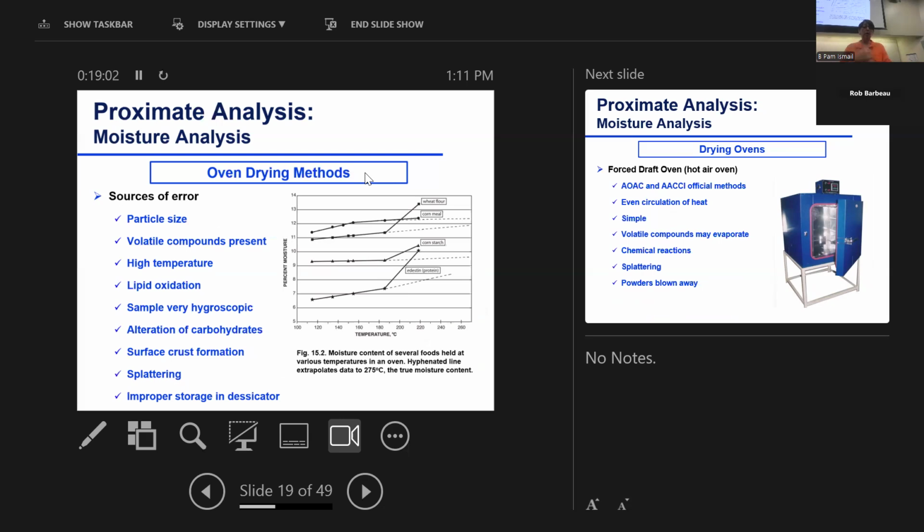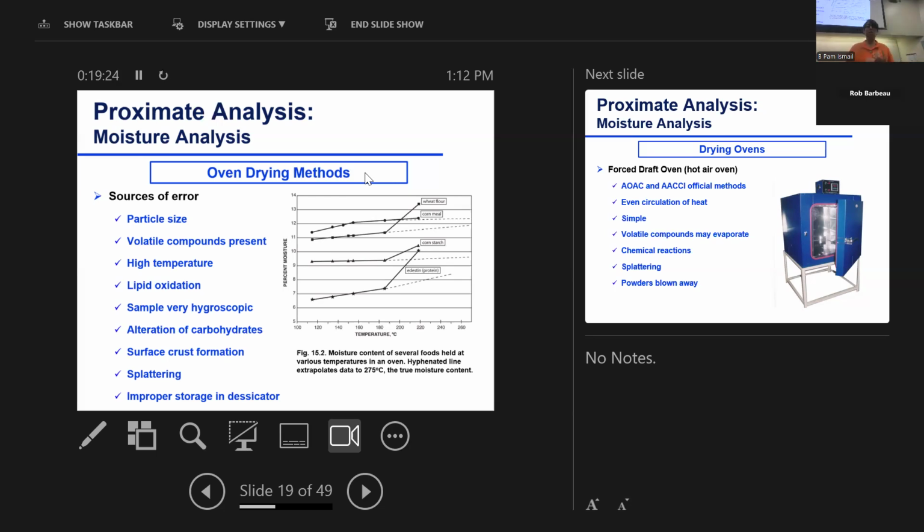So particle size is very important. If you don't have small particle size, you won't have enough surface area for moisture to evaporate. So it's always good to reduce the particle size to enhance surface area.